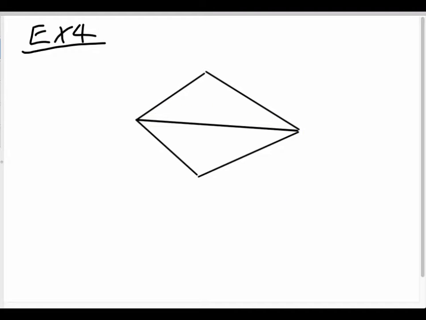All right. So for example number 4, we have a figure sort of like this, where we have two hash marks here. We have angle L, M, N, and O. And we're given a bunch of information.